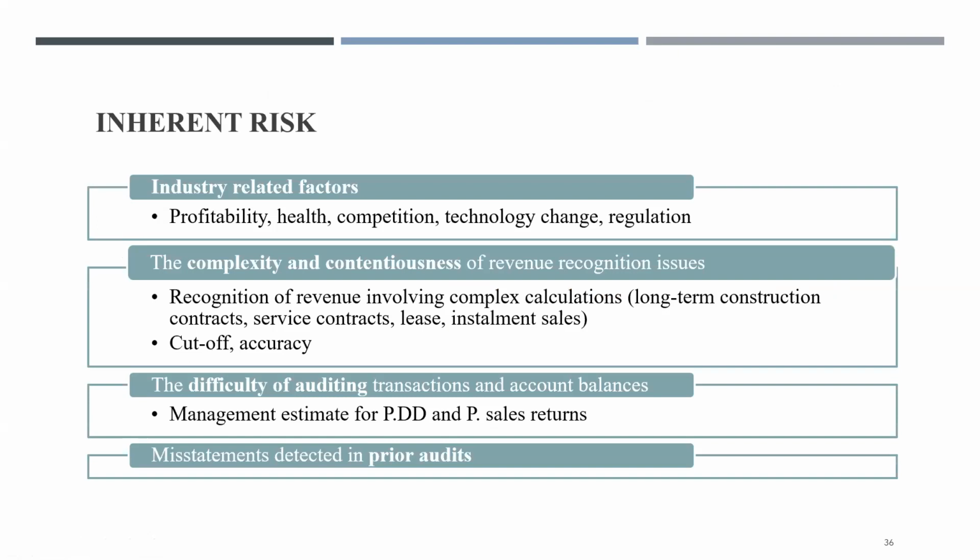So if we are able to understand the sales cycle, the key controls, and the business in terms of the problems and their sales pattern, we would be able to assess the inherent risk.